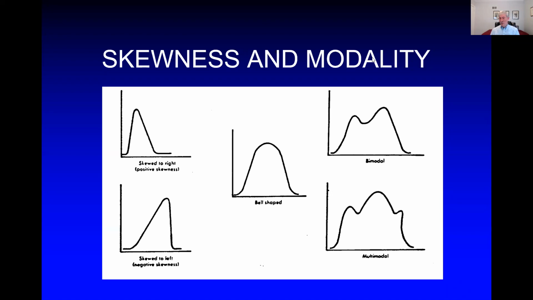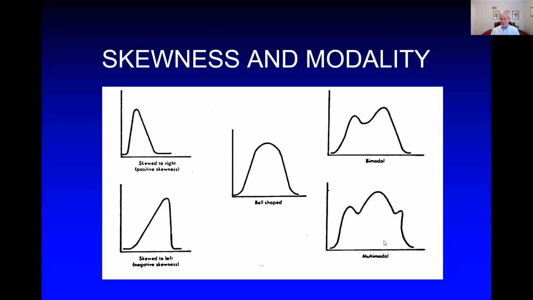Modality has to do with values that appear the most commonly. For example, if we were to plot the population in the United States as a function of age, maybe there are more people who are your age and my age than any other age. And so these are modes, and this is called a bimodal curve because there are two modes.